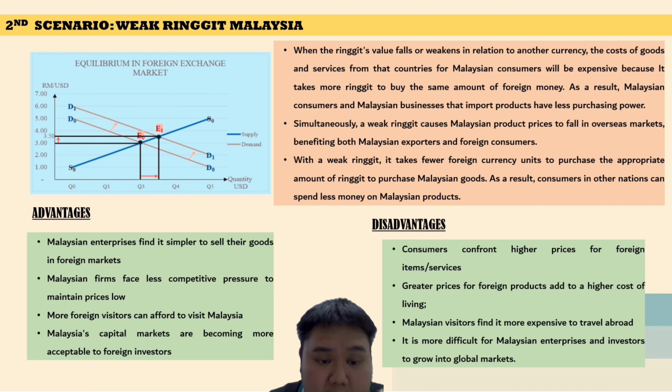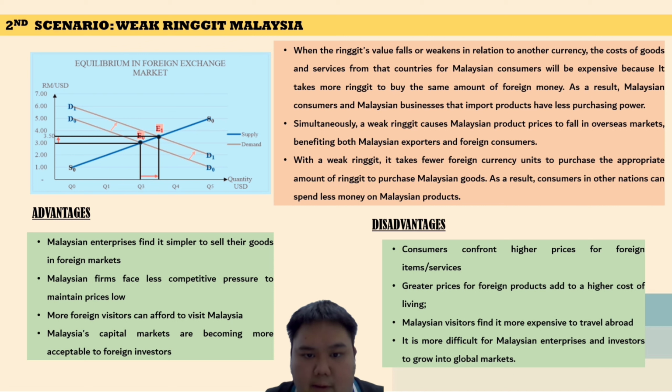The exchange rate will rise until it reaches a new equilibrium at point E1, forming a new exchange rate, which is USD $1 equals 3 ringgit and 50 cents. This shows that ringgit Malaysia is depreciating or becoming weaker, while the USD is appreciating or becoming stronger.